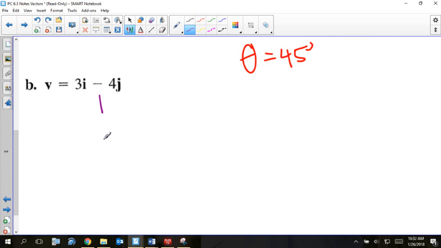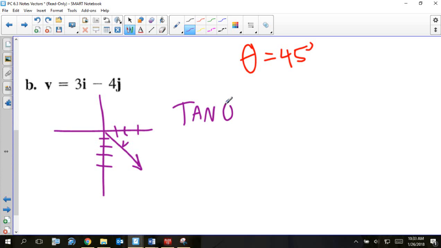So I'm going to do the same thing again. On this graph, what's my x value? What's my y value? -4. So that's going to be vector v. And we're going to find the angle. To find the angle, you're going to use tangent, and we're going to do y over x.